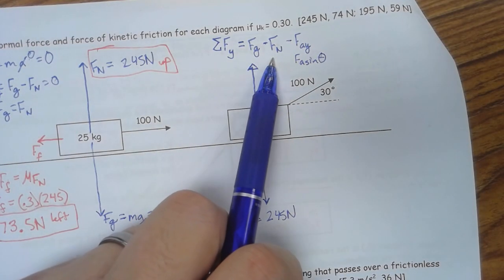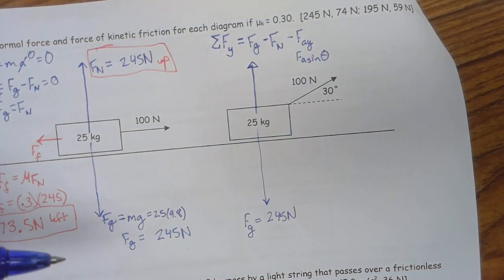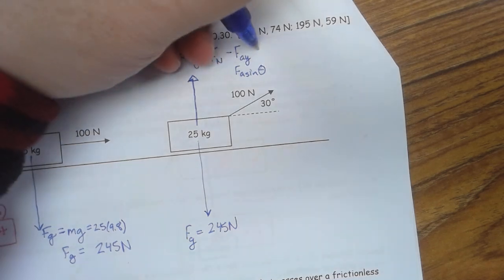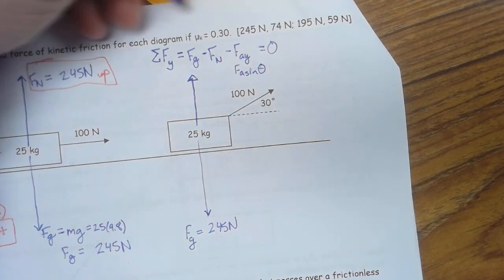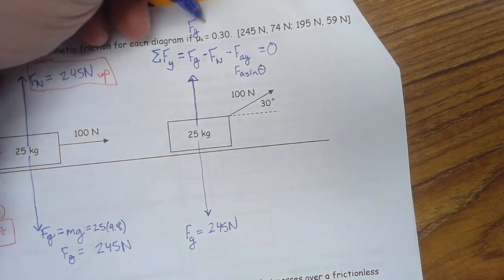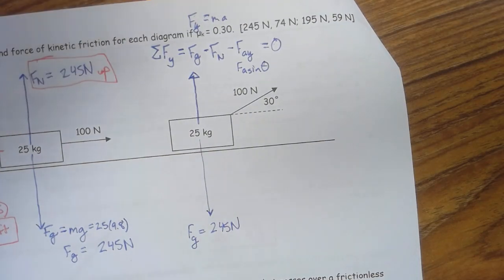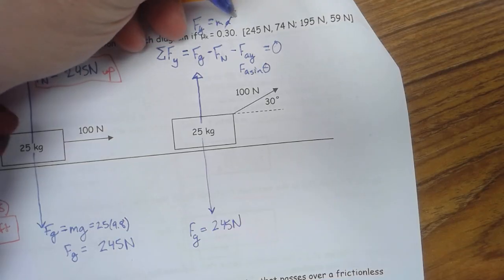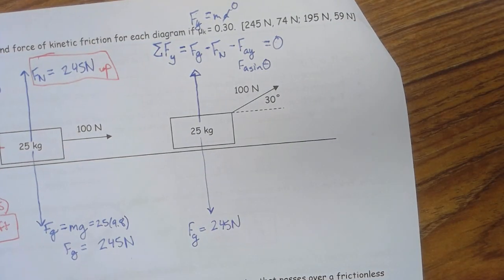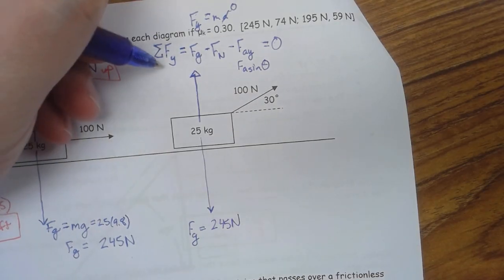We said Fg equals, wait, does it move up and down? No. And so we can say that this is all equal to 0, right? We can say F in the y direction equals m times a, which is 0. And so what else are we going to say? Right.